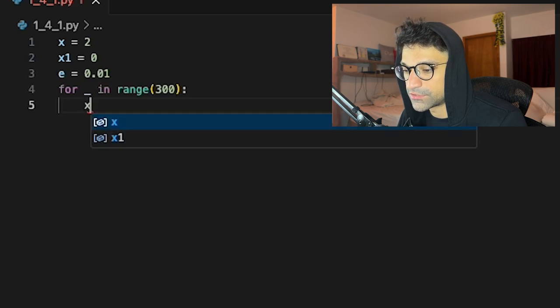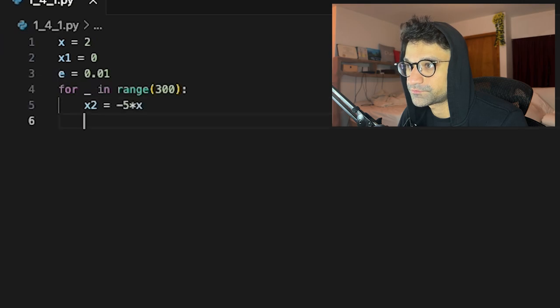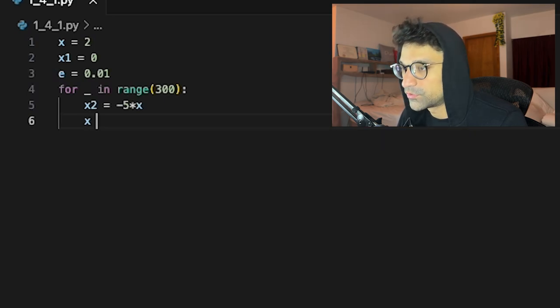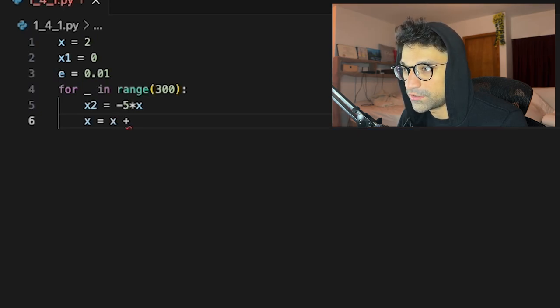And then here we have the second derivative. This is from our given differential equation. Minus 5 times x, which we have as 2 for now, and then it'll evolve, right? And then x will evolve by an increment, right?